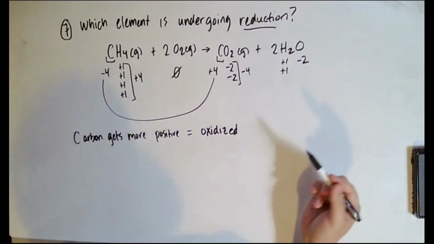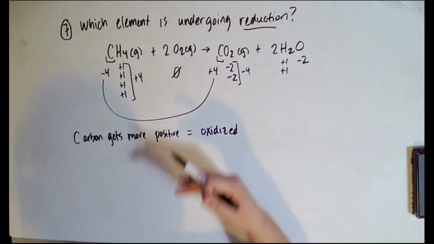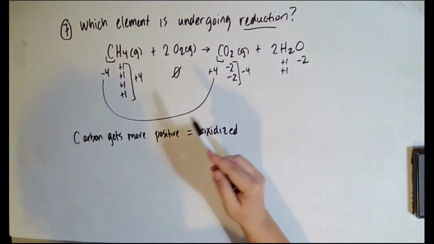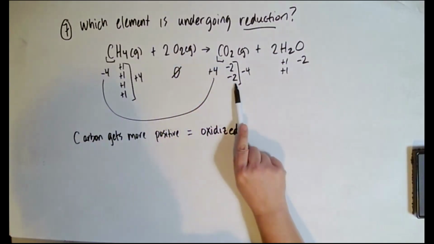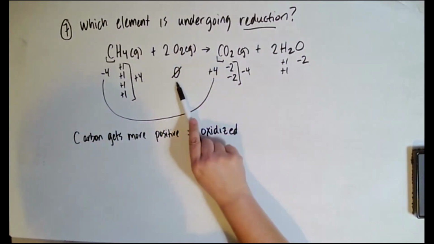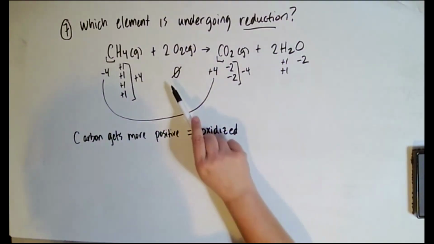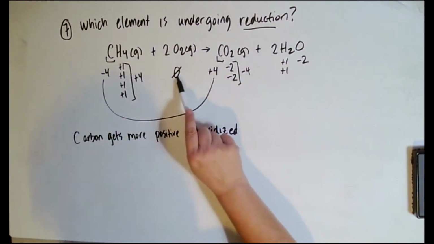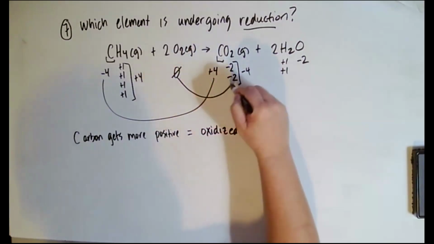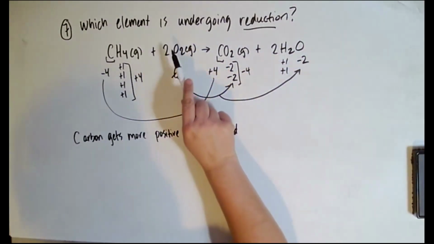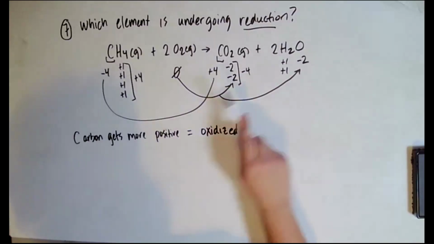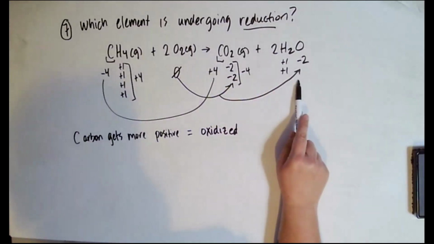I'm looking for the thing that's being reduced. So I need something to be getting more negative. I have my oxygen, it's going from a 0. It's not being reduced when it goes into the carbon dioxide, but, oh no, it is. It's for both of them. It's going from a 0 to a -2. So in both cases here, my oxygen for my O2 is getting more negative as I go to my product side.